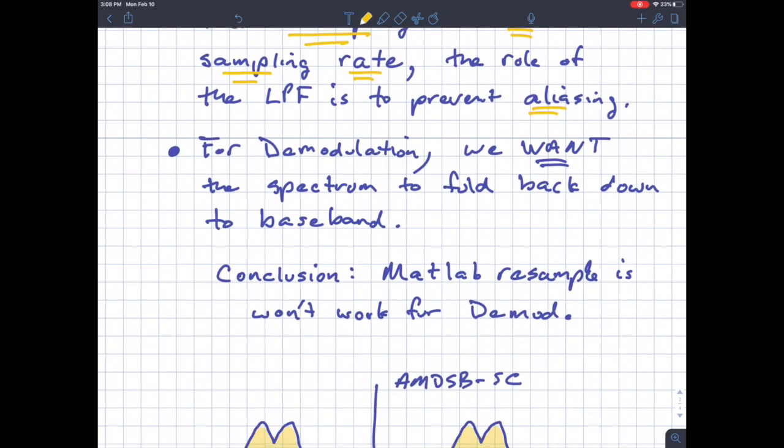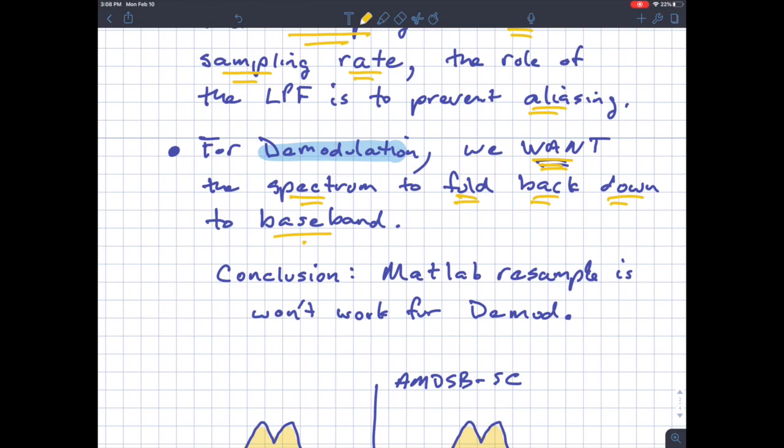It turns out that what we want to do for demodulation, we actually want the spectrum to fold back down, which is essentially aliasing, back down to baseband. When we talk about an anti-aliasing filter, the assumption is that we are doing everything at baseband. So we're doing something different with sampling.